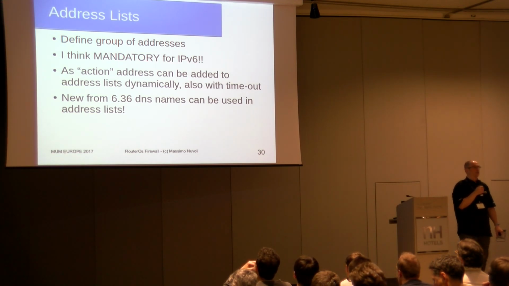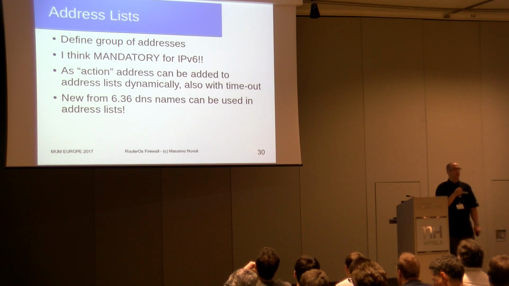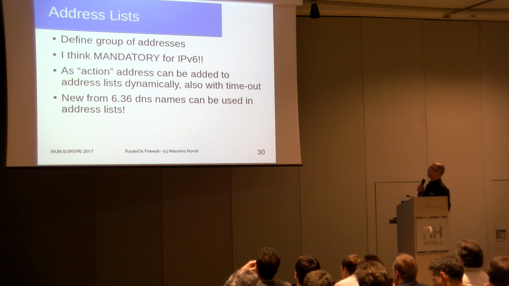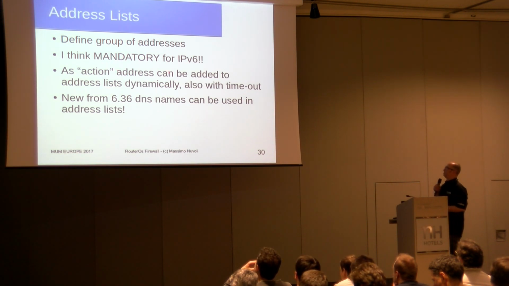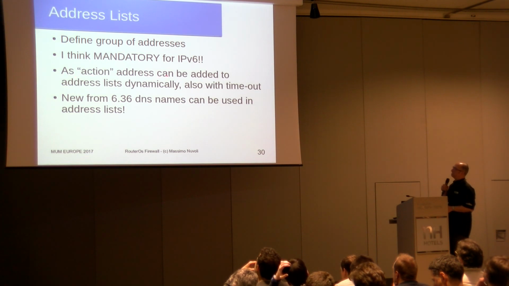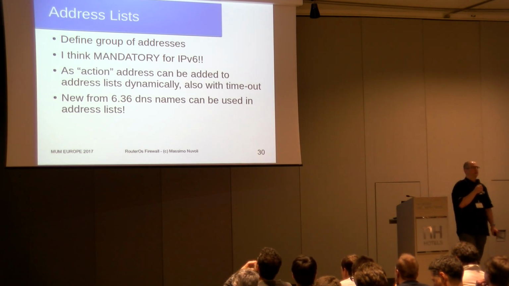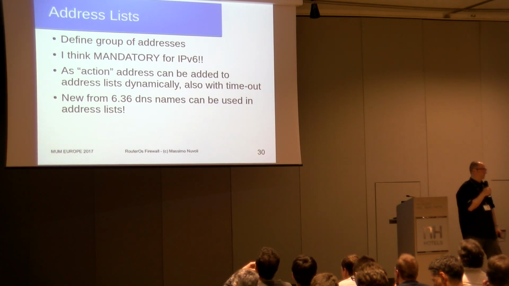If you know IPv6, the physical addresses are very long to write, and there is also a big probability of making a mistake writing them. A big feature is that, as an action, an address can be added dynamically to an address list, also with timeout. We will see that later in the SSH filter.